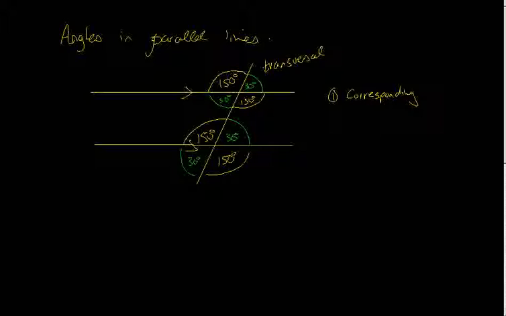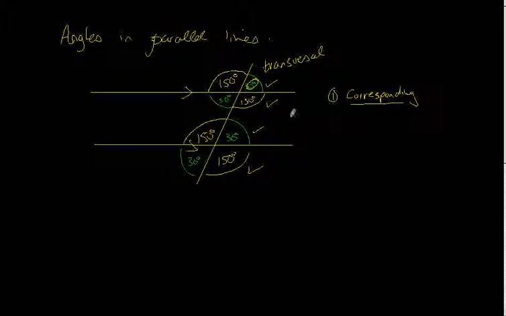So the first set of angles that we come to are corresponding angles. These angles are in matching positions, as we just saw. This 30 degrees is in the same position as this 30 degrees, so it would be natural to say that they're equal to each other. And this 150 degrees is in the matching position as this 150 degrees, so they are also equal to each other.